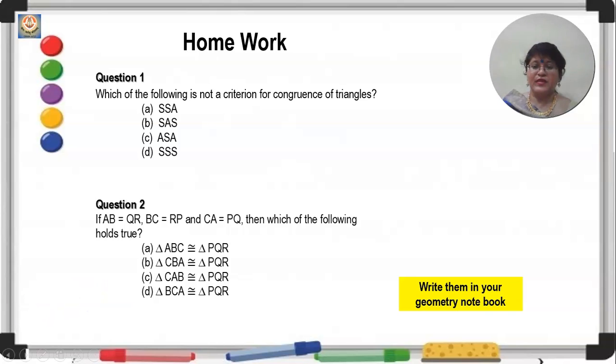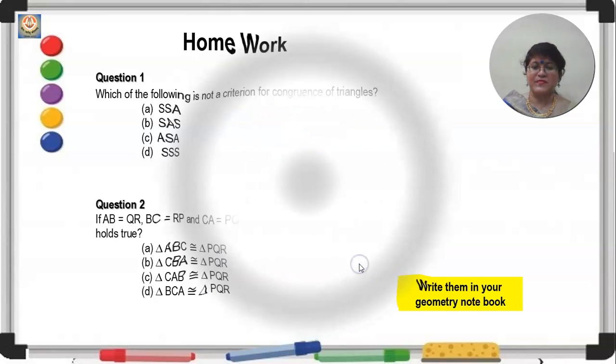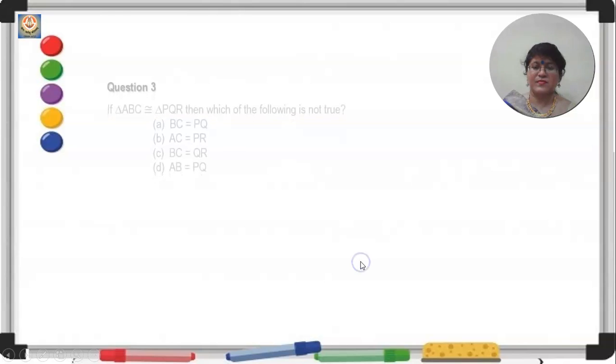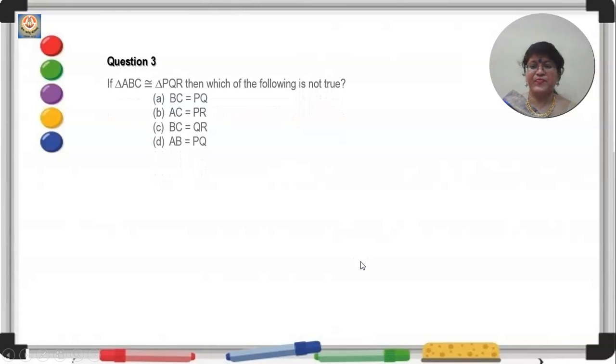Now here they have given you the sides which are congruent. What you could do is, in the rough, jot down these two triangles that you get on the basis of these sides and see which is the correct statement. Question number 3.